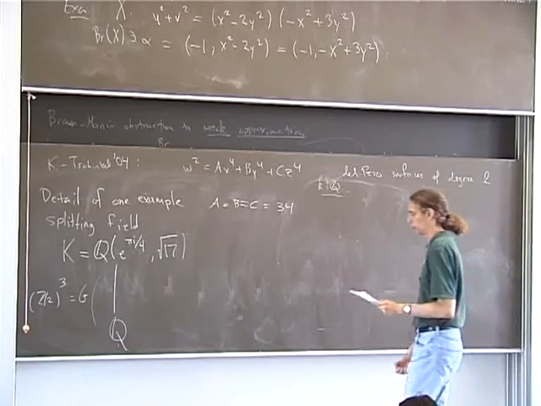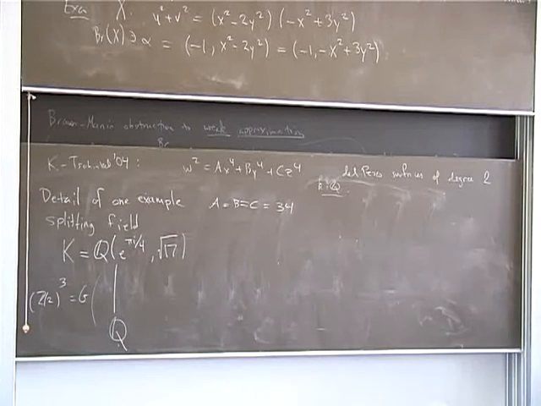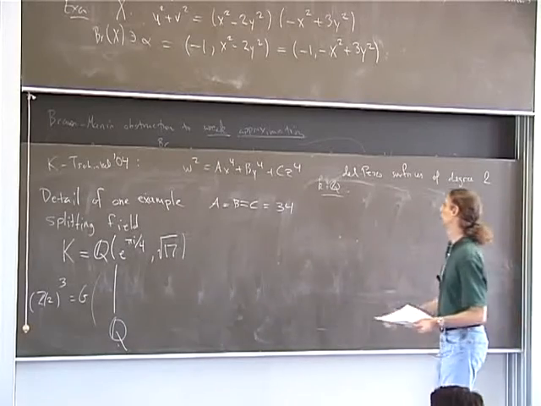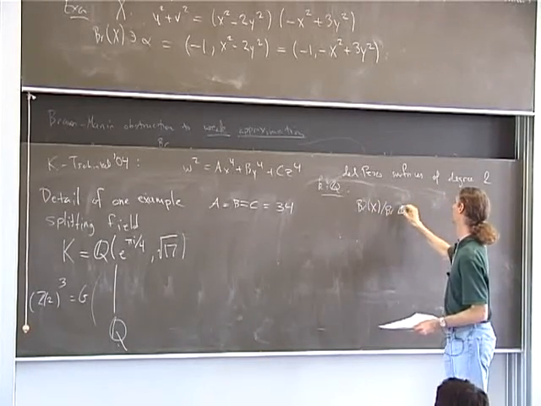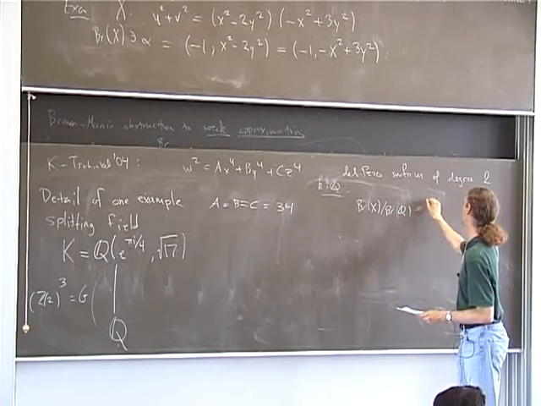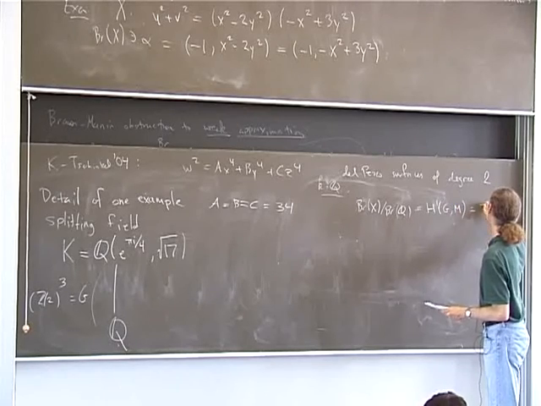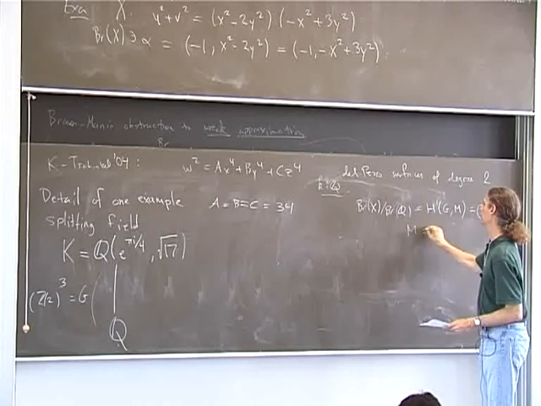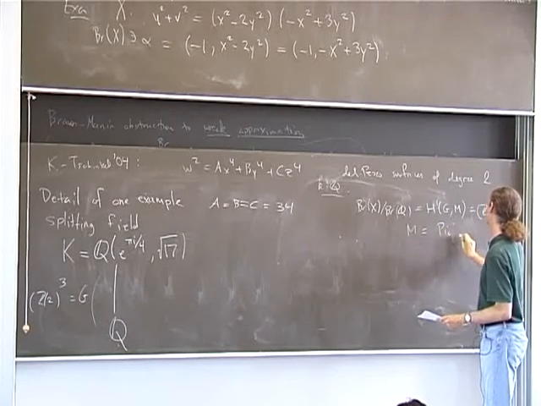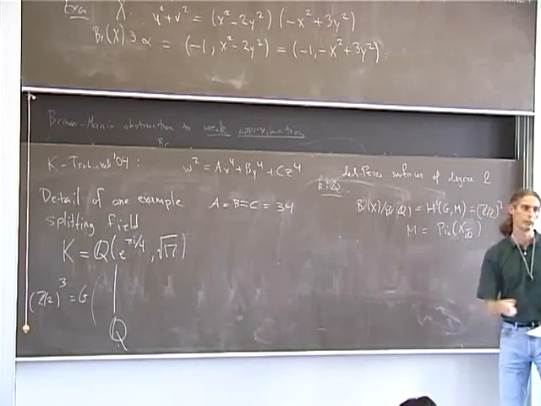Now, this group can be computed easily enough, and also three copies of Z mod 2 for M. M is the geometric Picard group.